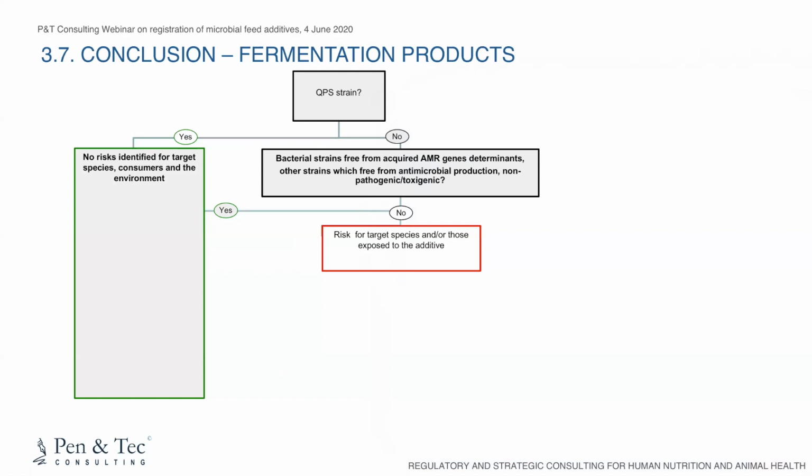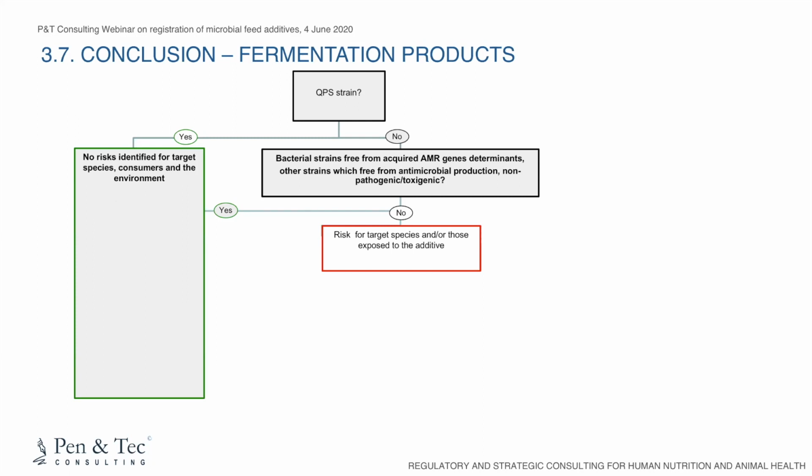Finally, for bacterial strains that, in spite of not qualifying for QPS, are free from acquired antibiotic resistance determinants, as well as for other strains that are not known to produce relevant antimicrobial substances and are not pathogenic or toxigenic, these strains are considered safe for the target species, the consumers, and the environment.